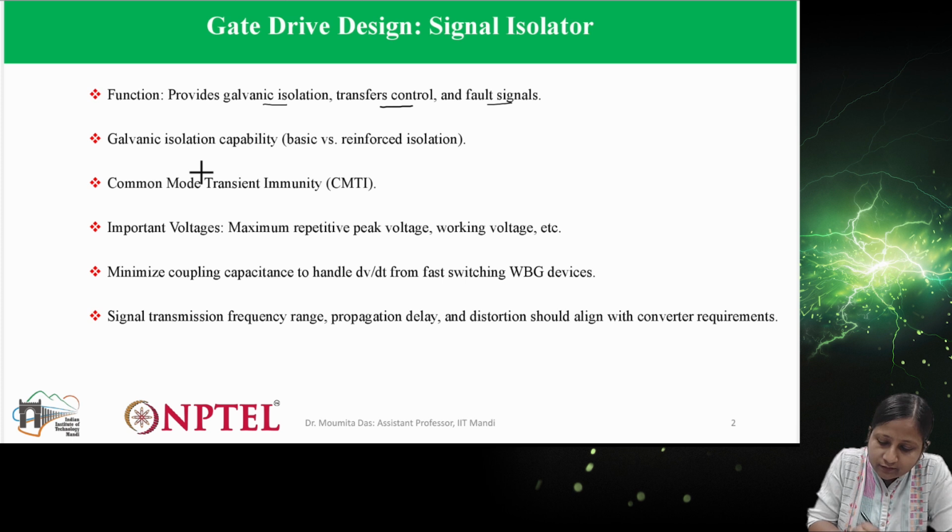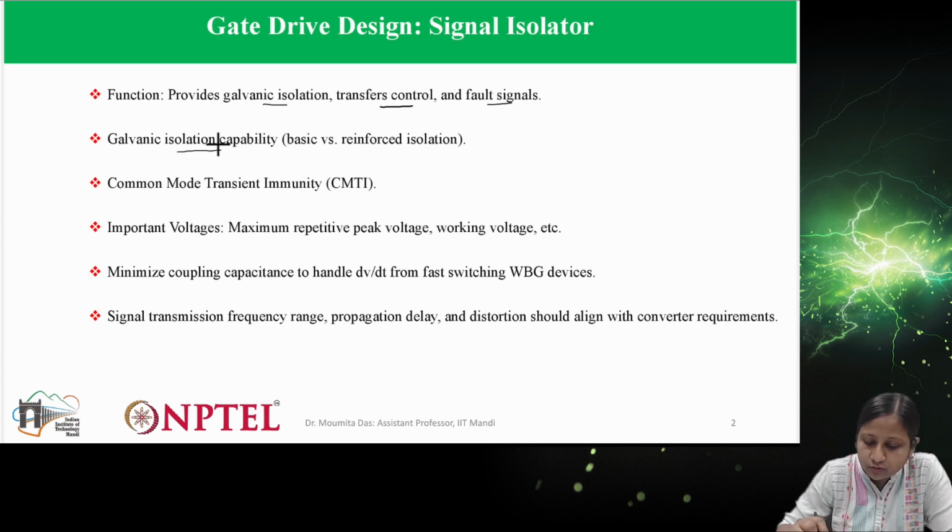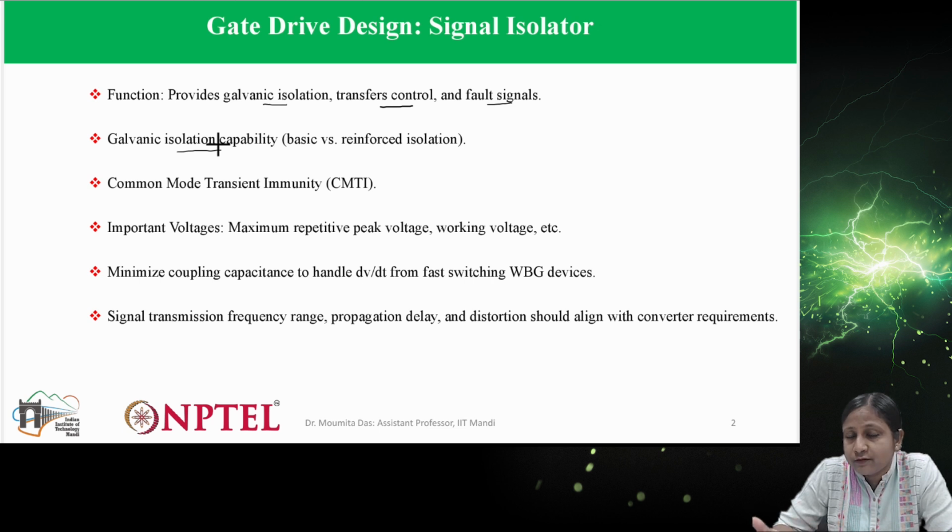Now, for this galvanic isolation capability, basic versus reinforced isolation: basically it can provide the basic potential difference, which is the maximum potential difference that can come across the device. That can be selected based on the rating of the device, and additionally we have to consider the transient parameters. If there is any ringing or oscillation, the isolator should be able to handle that.